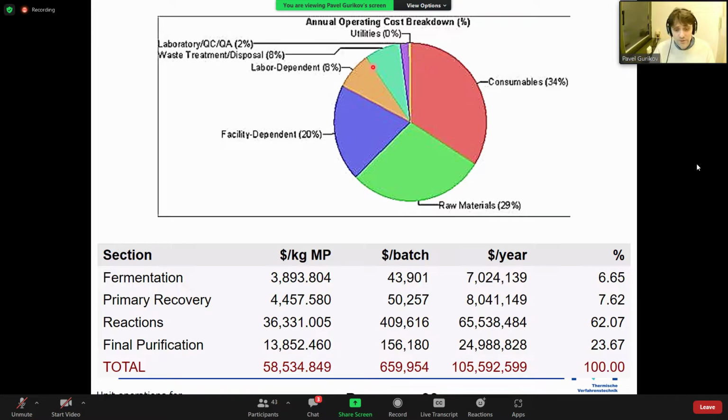Facility dependent. What is facility dependent? What do you think? This 20% which comes to that operating cost, facility dependent. What can it be? Bioreactors, I mean, all your equipment.